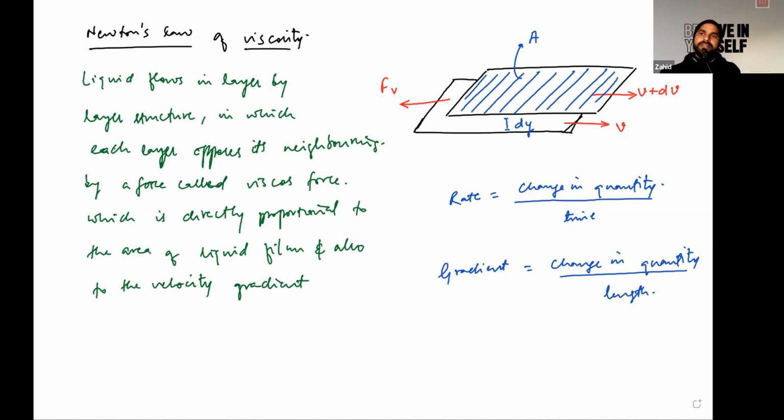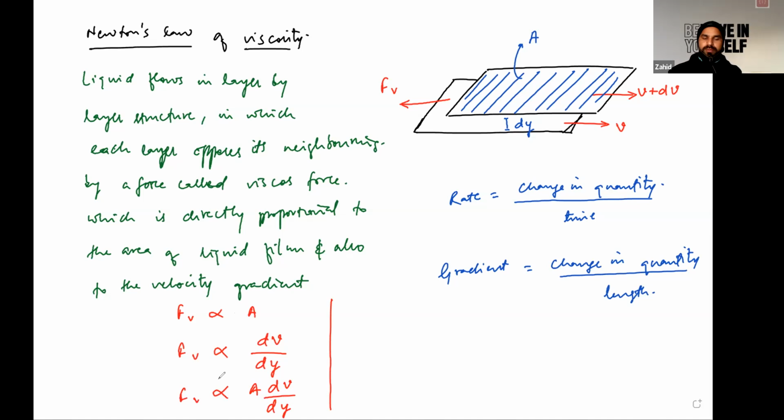So according to this relation, we can write viscous force is proportional to the area of this liquid layer, and also it is directly proportional to the velocity gradient, meaning change in velocity with respect to width. So if you combine these two terms, you'll get Fv proportional to A dV by dy.